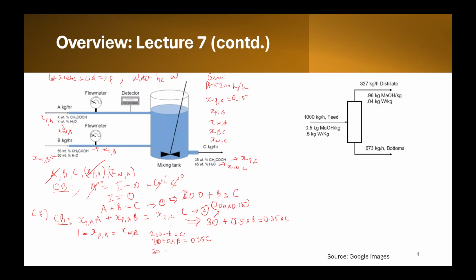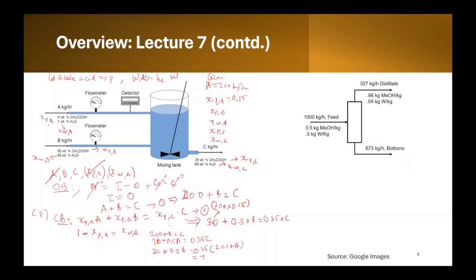So 30 plus 0.5 B equals 0.35 into 200 plus B. So this will be 35 into 2 is 70.